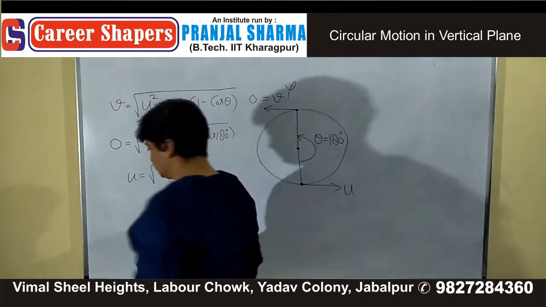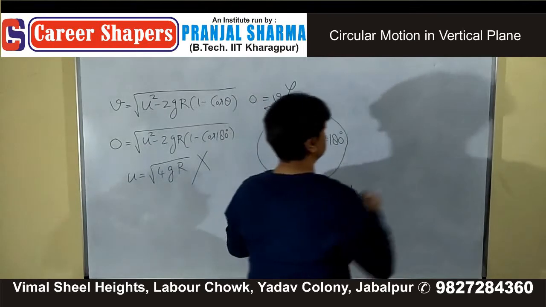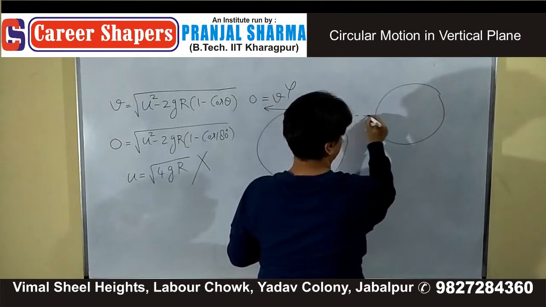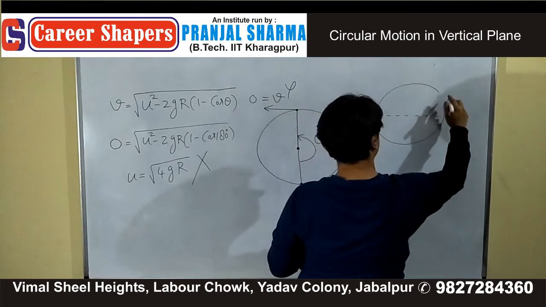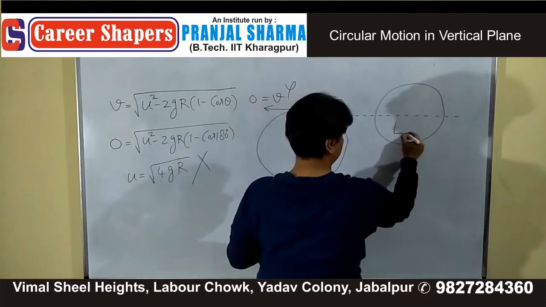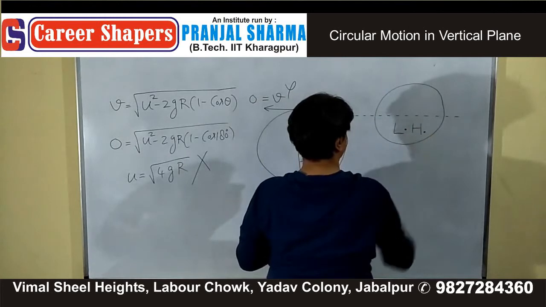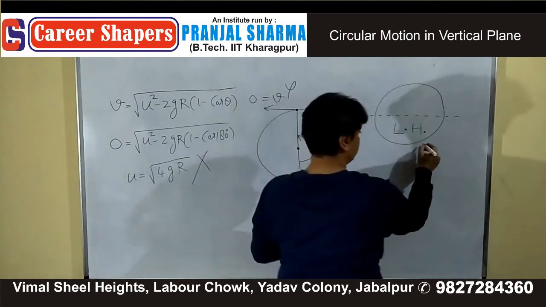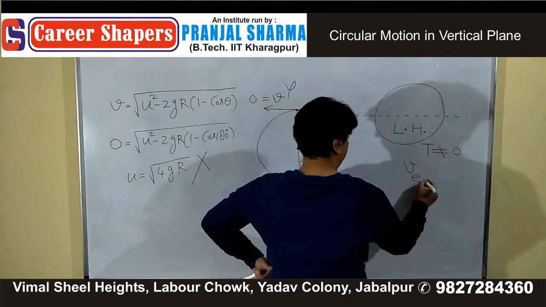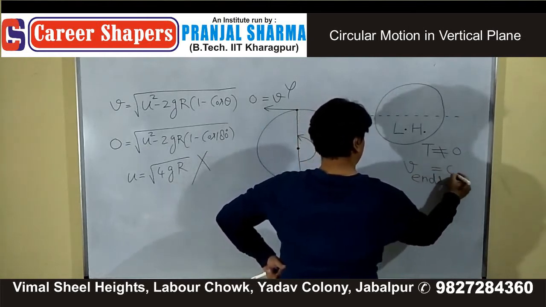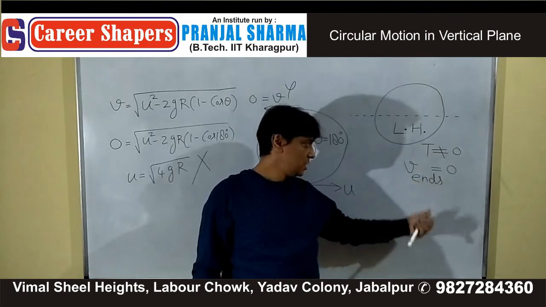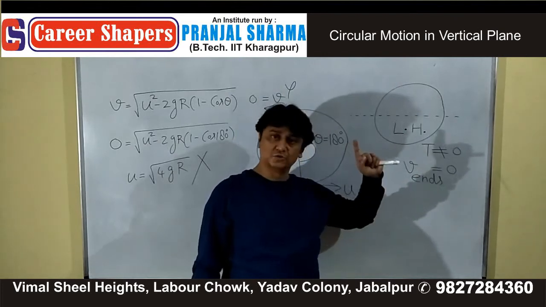In vertical circular motion, if object is in the lower half, tension force can never be 0, but velocity at the end points becomes what? 0.